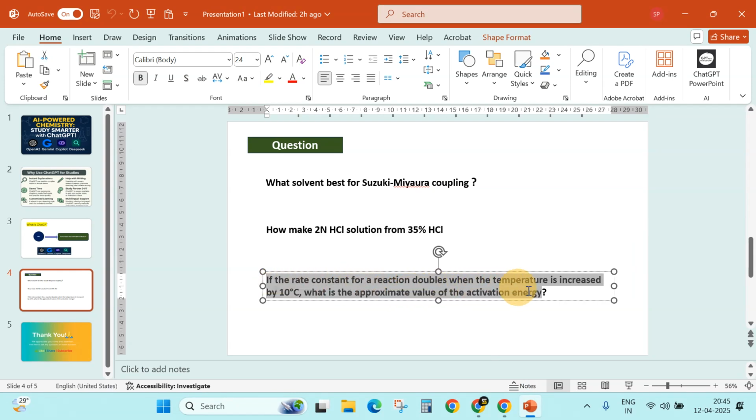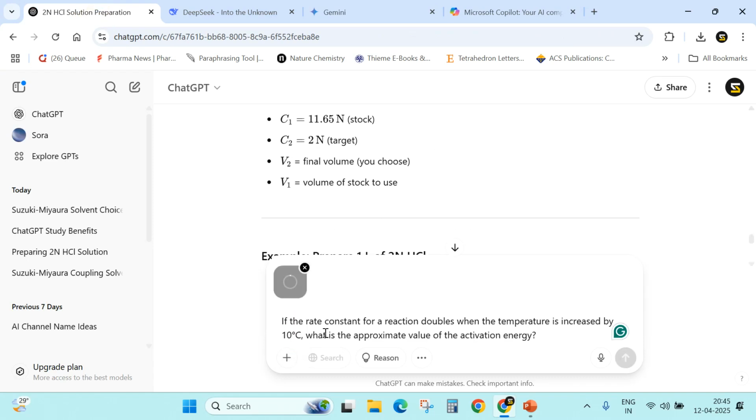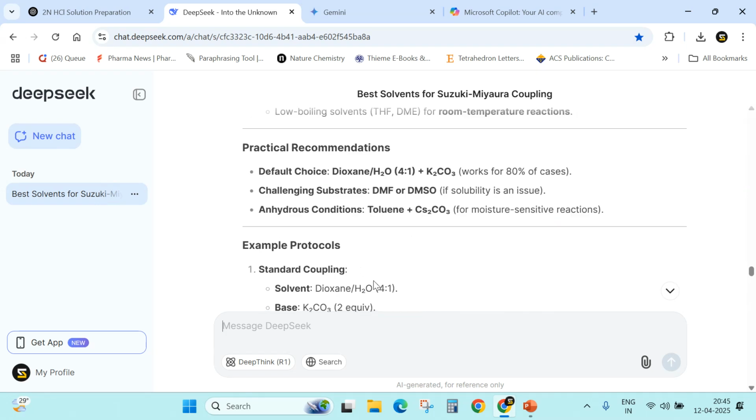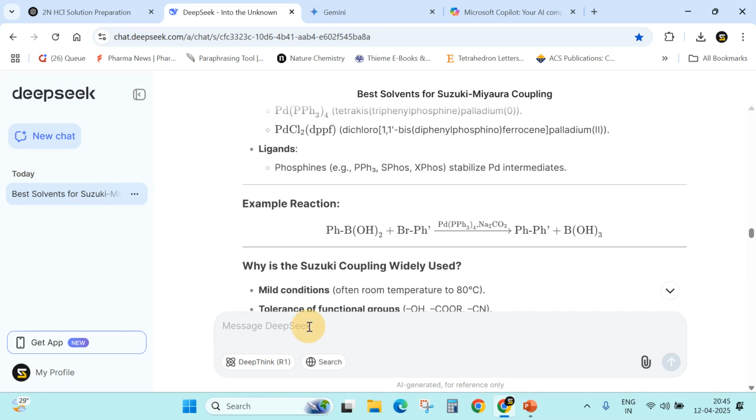Next is, if the rate constant of a reaction doubles when the temperature is increased by 10 degrees Celsius, what is the approximate value of activation energy? First, we will ask OpenAI. Second, we will ask DeepSeek.